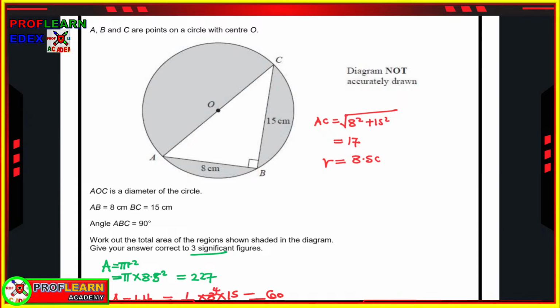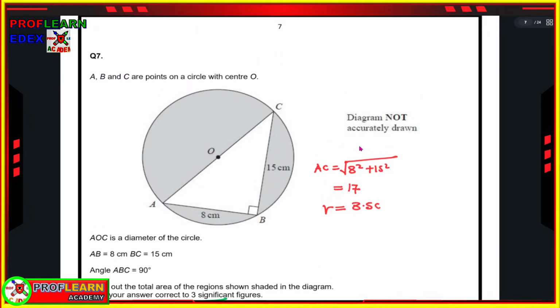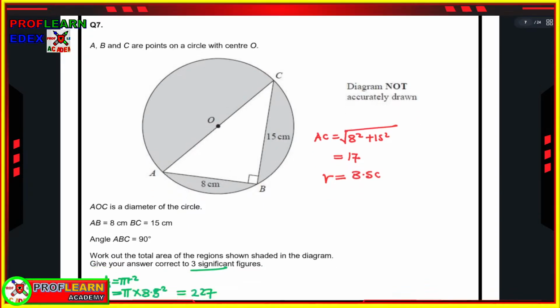Yeah, so that becomes 100 and 67. Anything left out? If anything is left out, we have said our answer becomes 167.